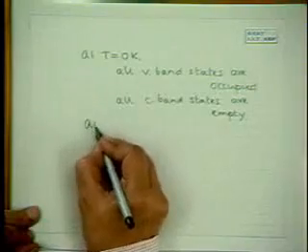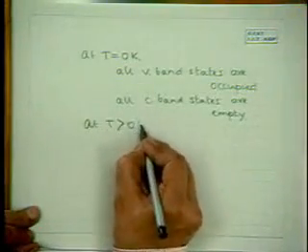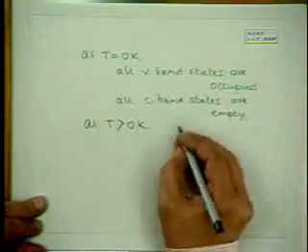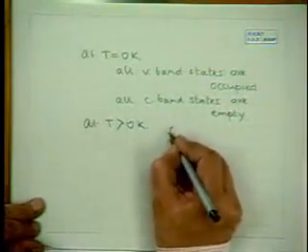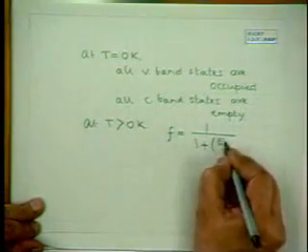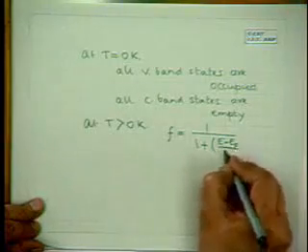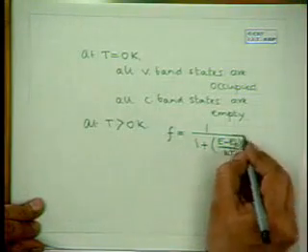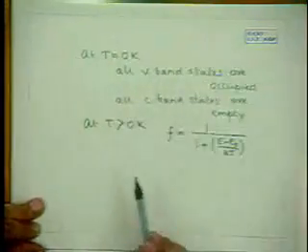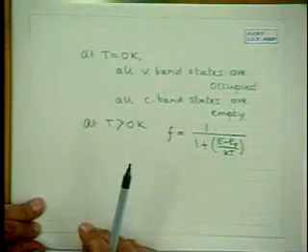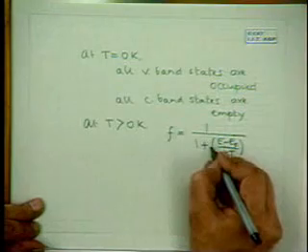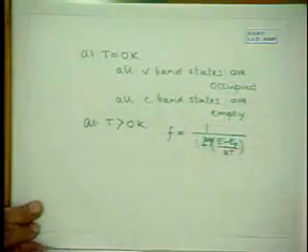At T greater than 0, obviously, we will use the Fermi function. We know that the occupation probability is given by 1 over 1 plus e to the power E minus EF by kT. But for simplicity, we will assume that all valence band states are occupied and all conduction band states are empty.